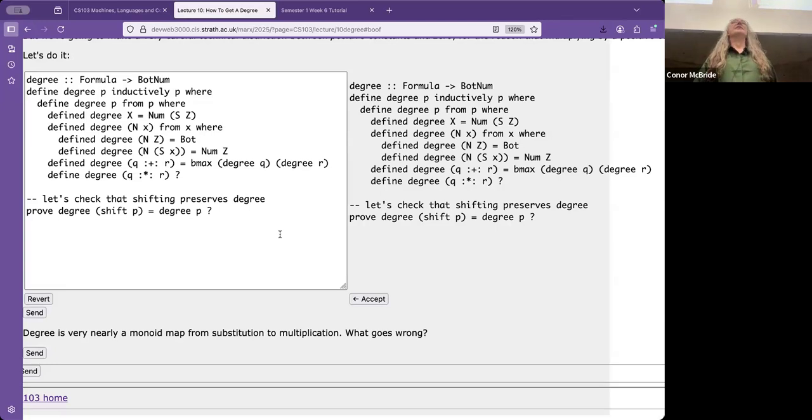Like, the degree of x squared is 2 and the degree of x is 1, what's the degree of x times x squared? 3. What are we doing to the degrees? We're adding them.